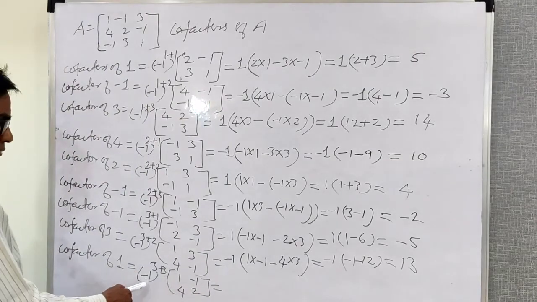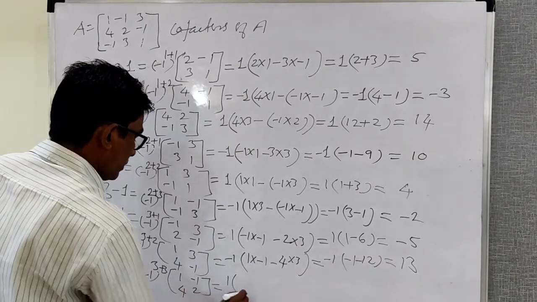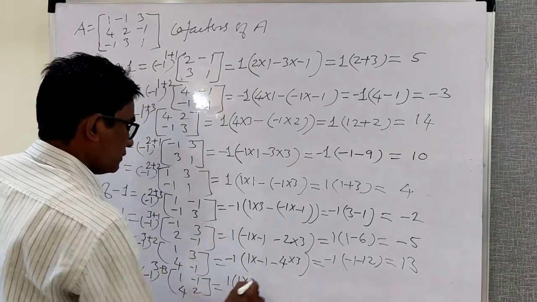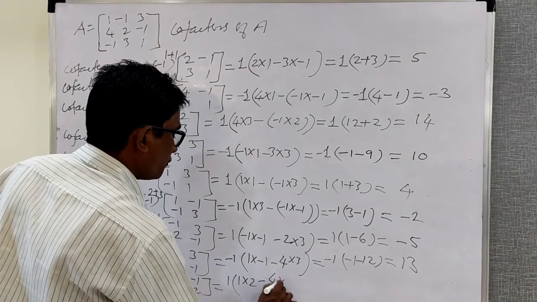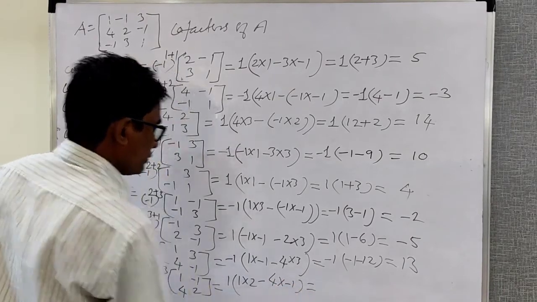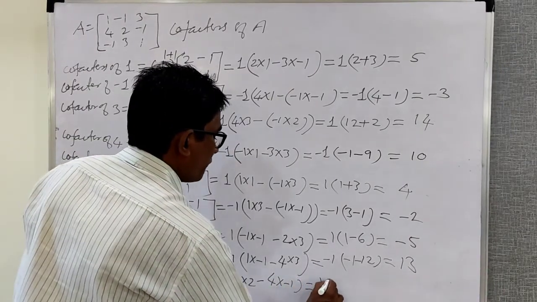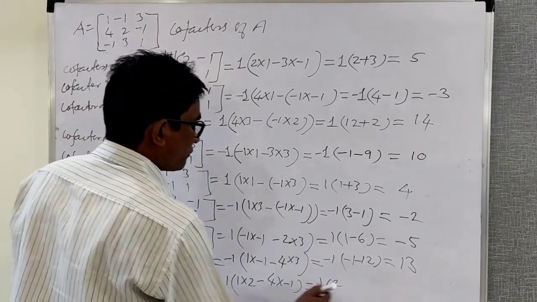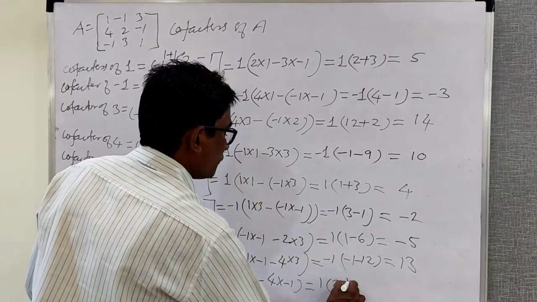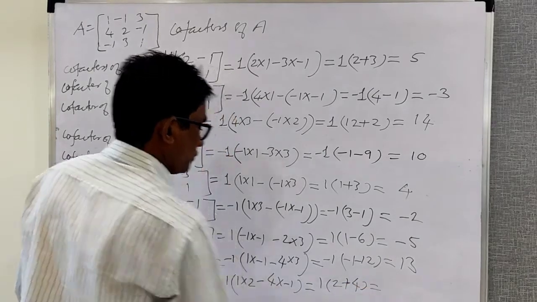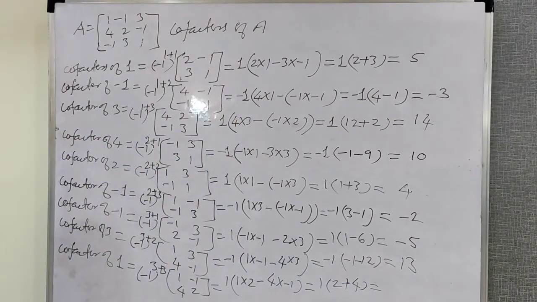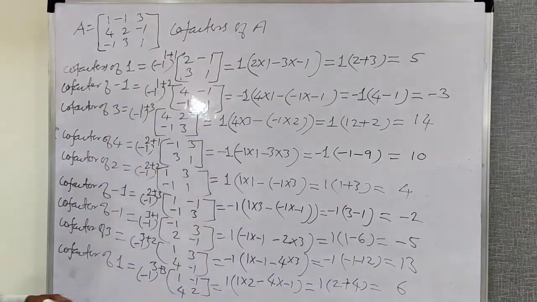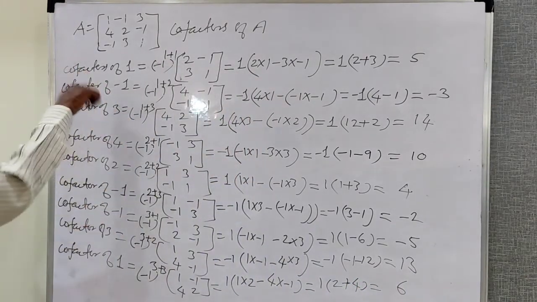Power is even number, therefore it is plus 1. 1 into 2 minus 4 into minus 1, which is equal to 1 into 1 2 is 2 minus 4 into minus 1 plus 4. So 2 plus 4 is 6, 6 into 1 is 6. So these are the cofactors of A.